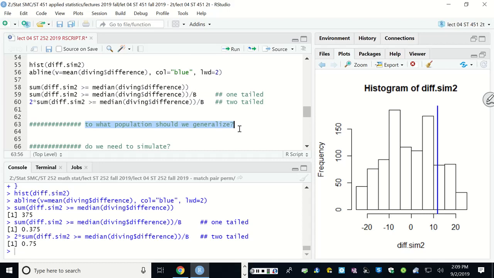So past and future meets with divers of this caliber, or maybe the next step down, like trials. It'd be interesting to see if you took the next group of trials to get into the Olympics in different countries. Do they also show this semi versus final difference? Now, I would guess that at some level there's an improvement.